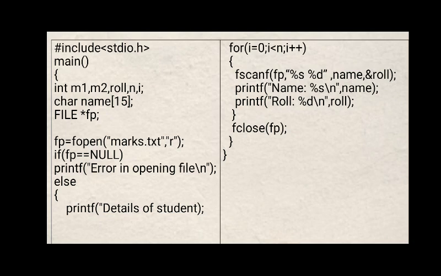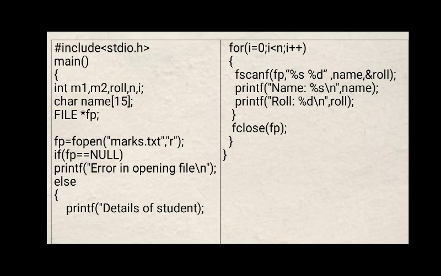Since name is an array variable, you don't have to specify the ampersand. So as in scanf, you don't have to specify ampersand when you're using %s. So first you're using fscanf, you specify the file pointer, you're going to read a string value, so using %s, and then an integer value, so that is &roll. So you're reading the name and roll number.